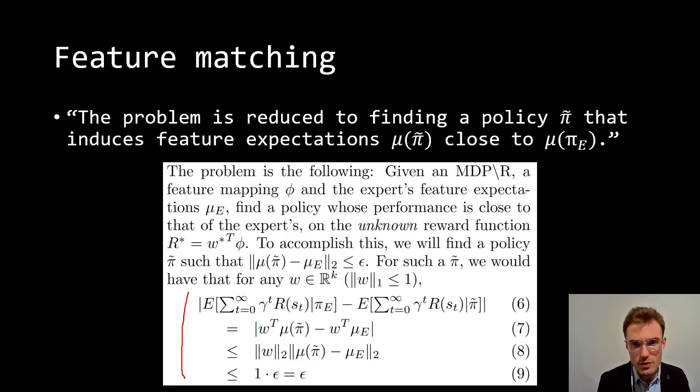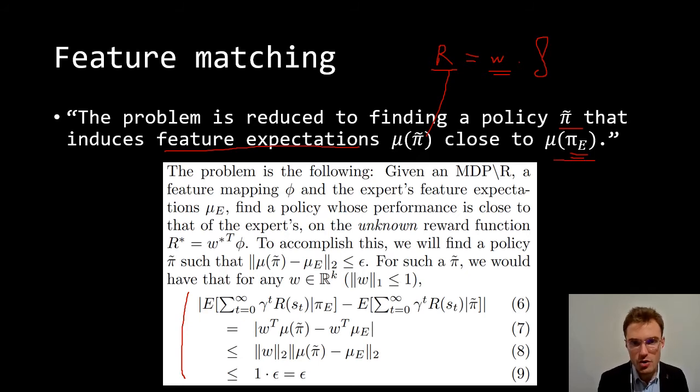And that results in the following. The problem is reduced to finding a policy pi tilde that induces feature expectations that are close to the ones from pi e, the pi expert. So the goal now is to tune our R equal to W times F. The goal is now to tune the W so that the expert that is optimal for R, which is that one there, has equal feature expectation to the one from the observed expert.